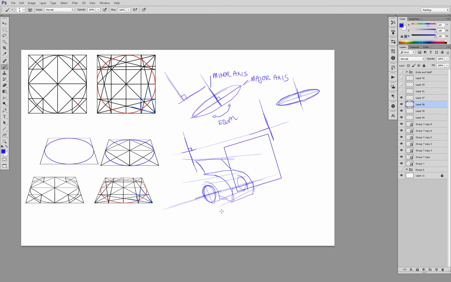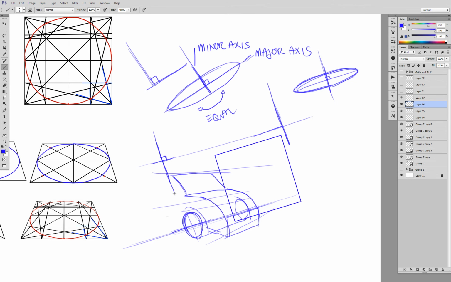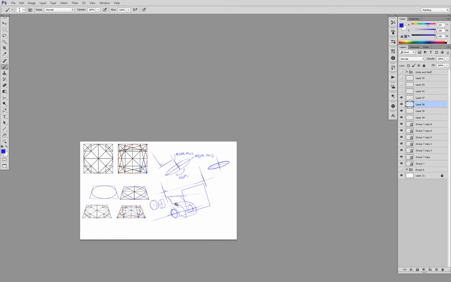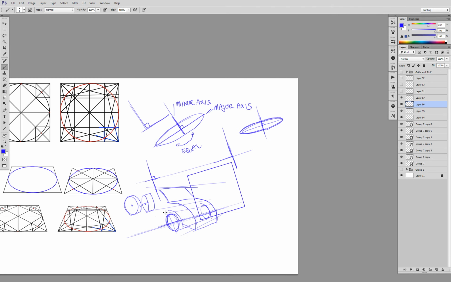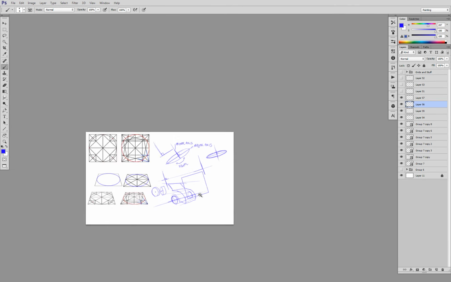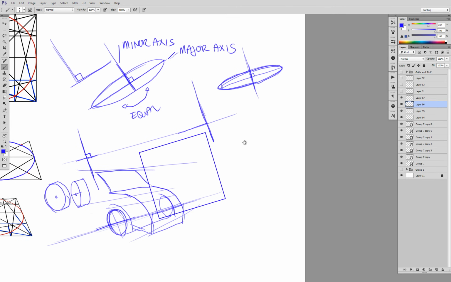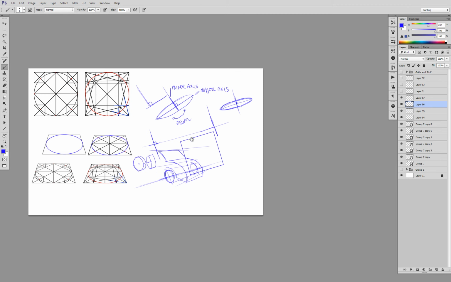Or you can just get very good at guessing what angle of ellipse, and the angle is just how open the ellipse is, whether we're looking more straight at it or more at the side, like whether we're looking at the top of a wheel or at the side. So you can just get good at guessing what angle of ellipse needs to be there.